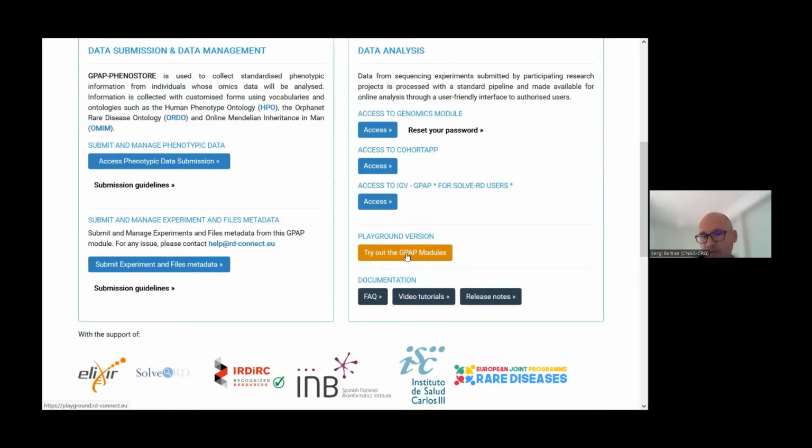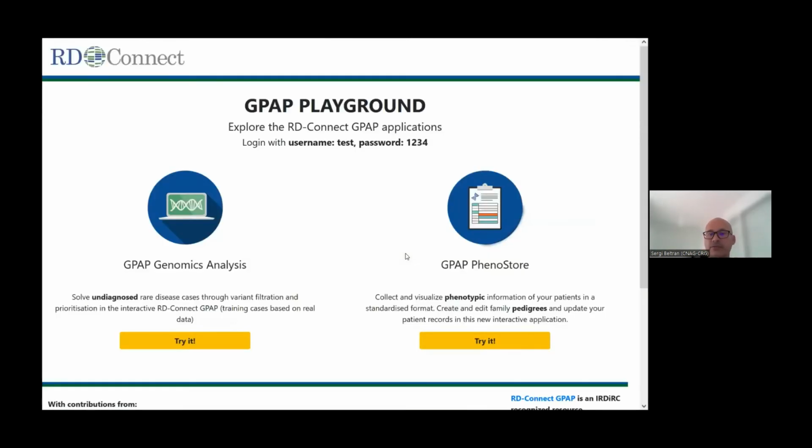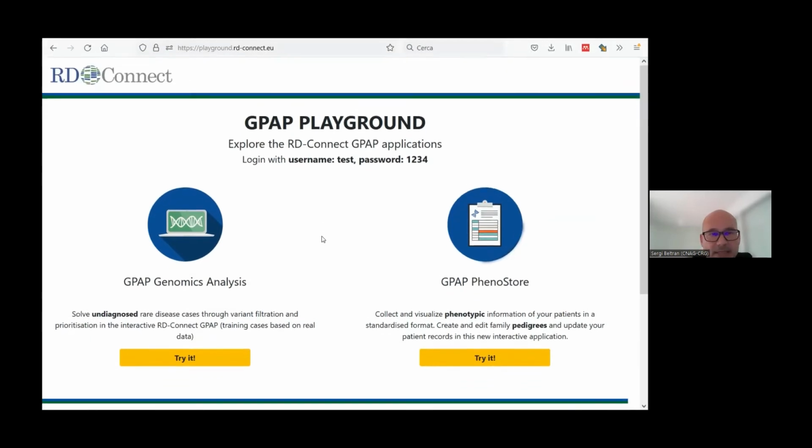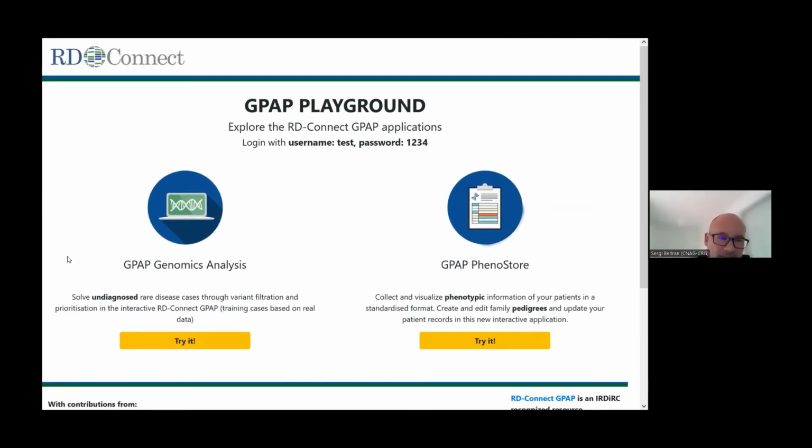I'm going to go through one case, but you can do this afterwards at home if you want. This page, which has an independent address, playground.rdconnect.eu, but as I said, you can get it from the main platform, basically has two modules for testing: the genomic analysis module and the phenotypic module.